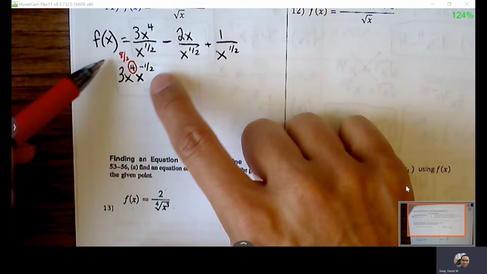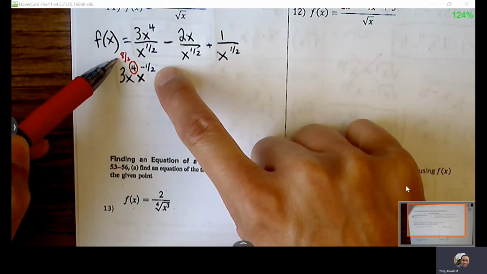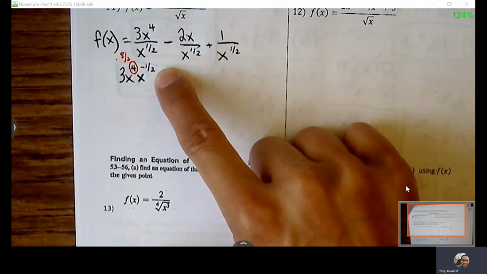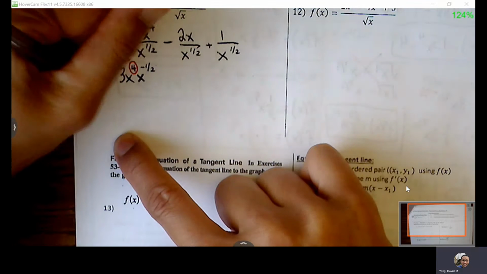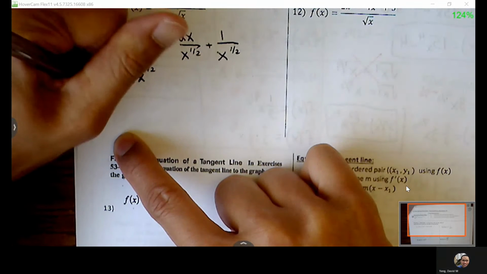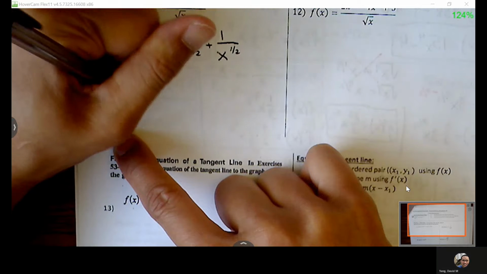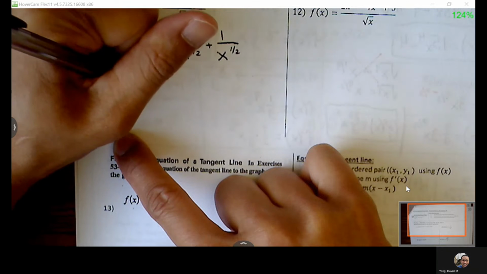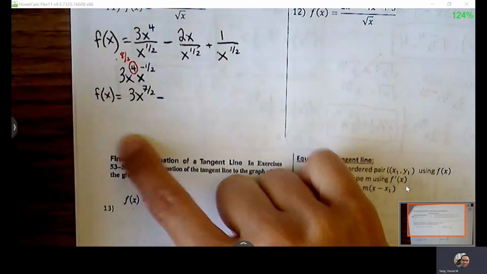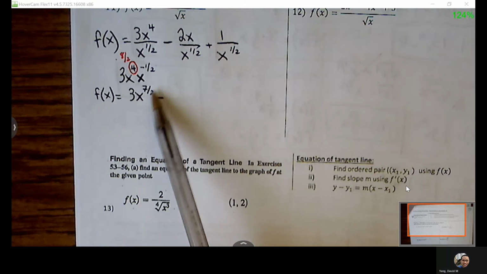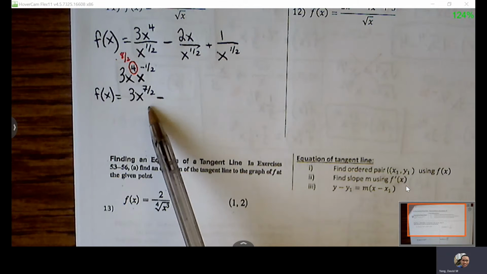And once that's 8 over 2, that's more helpful, right? 8 over 2 minus 1 over 2 is 7 over 2. Okay, so I know that's cleaned up. I can do power rule when I'm ready for it.